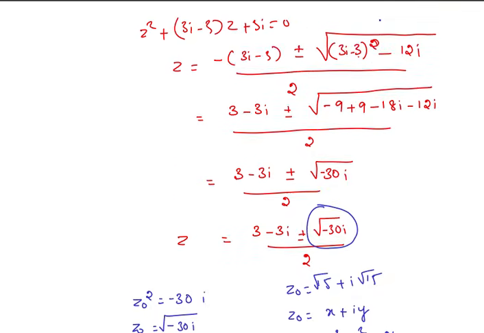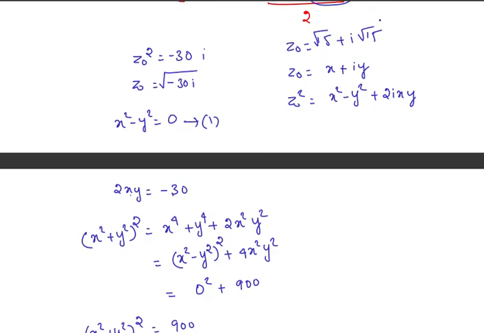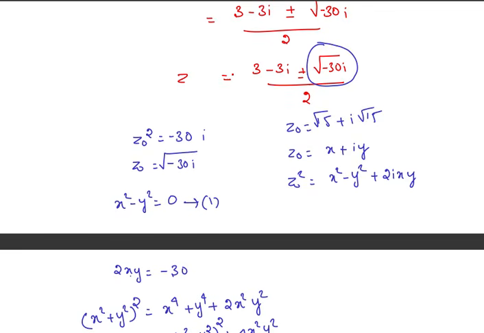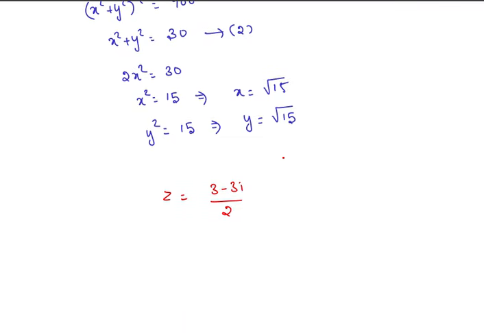So now my z equal to (3 minus 3i) divided by 2 plus or minus (square root of 15 plus square root of 15 i) divided by 2.